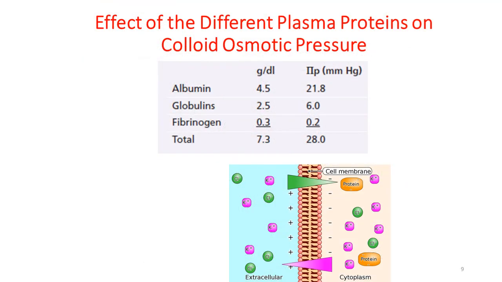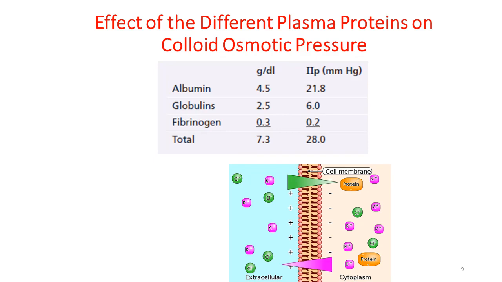There is a colloid osmotic pressure in the plasma. Some proteins generate this colloid osmotic pressure, as you can see in this slide. First of them is albumin. Albumin can generate an osmotic pressure of around 21.8 millimeters of mercury.